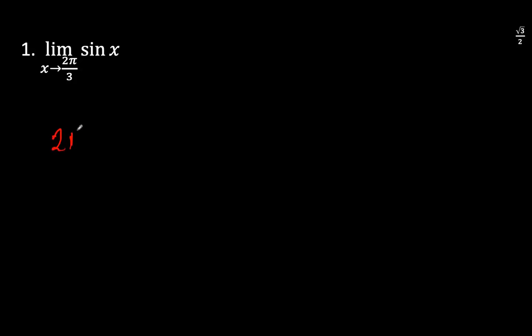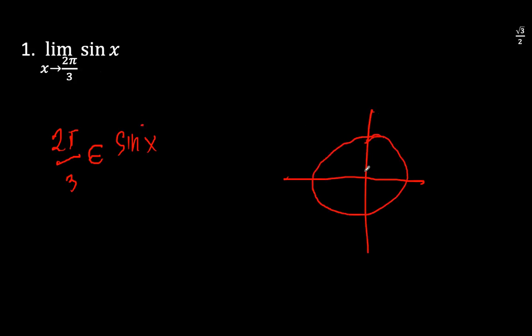Here, we know that 2 pi over 3 is an element of the domain of the function sine x, because the domain of the sine function is all real numbers.